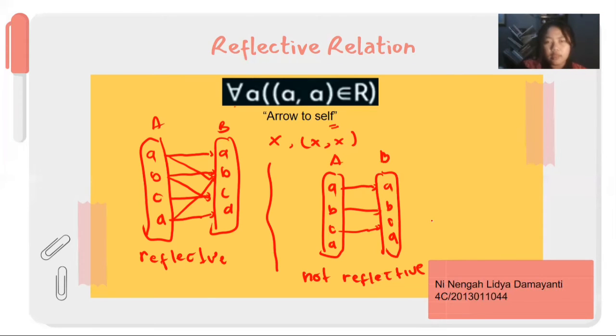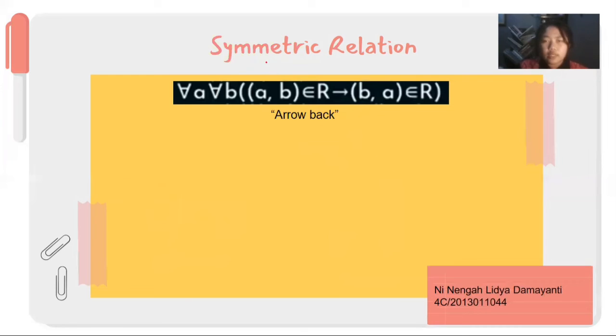Okay, and then we move to the symmetric relation. For all a and all b, (a, b) belongs to R implies that (b, a) belongs to R. Okay, so we will take the same example as before, set A and set B with the same members a, b, c, d.